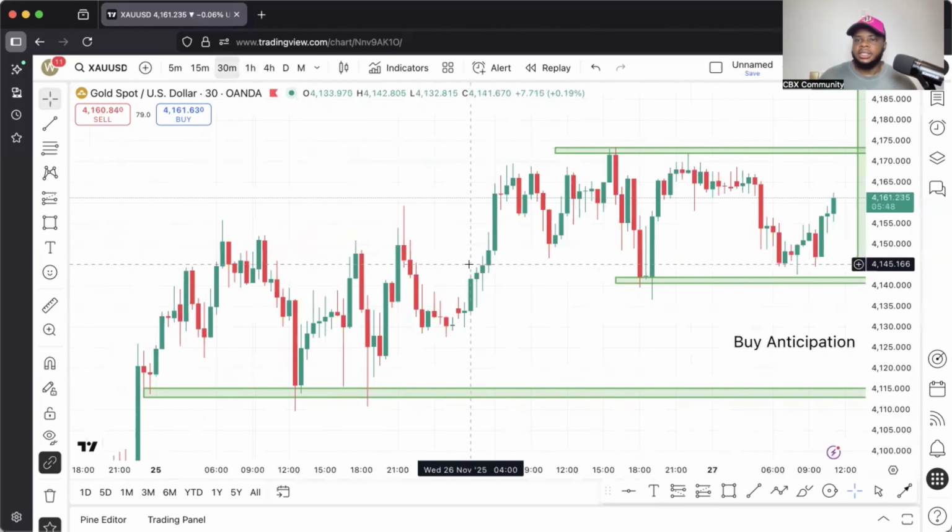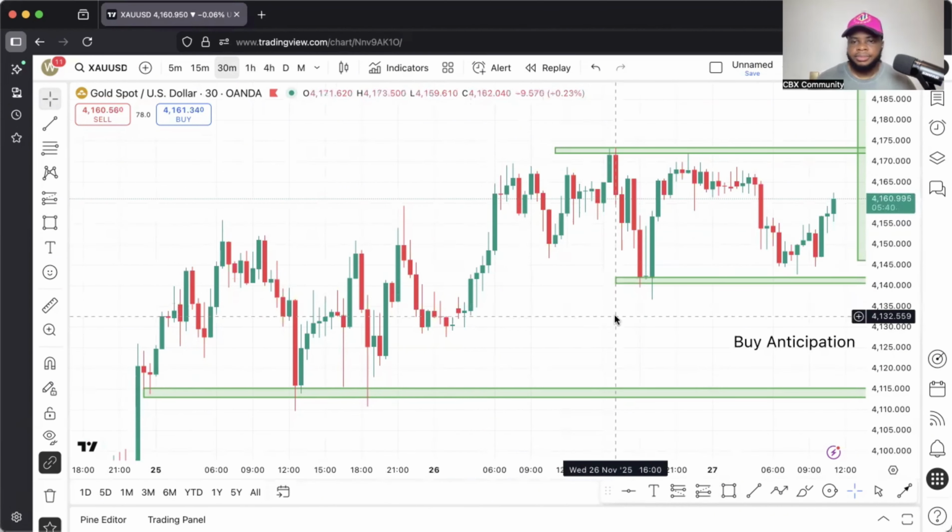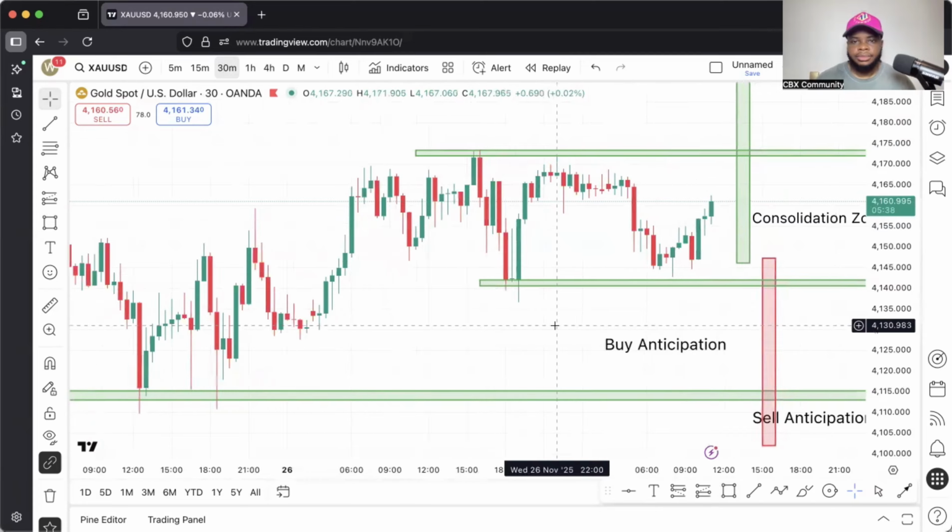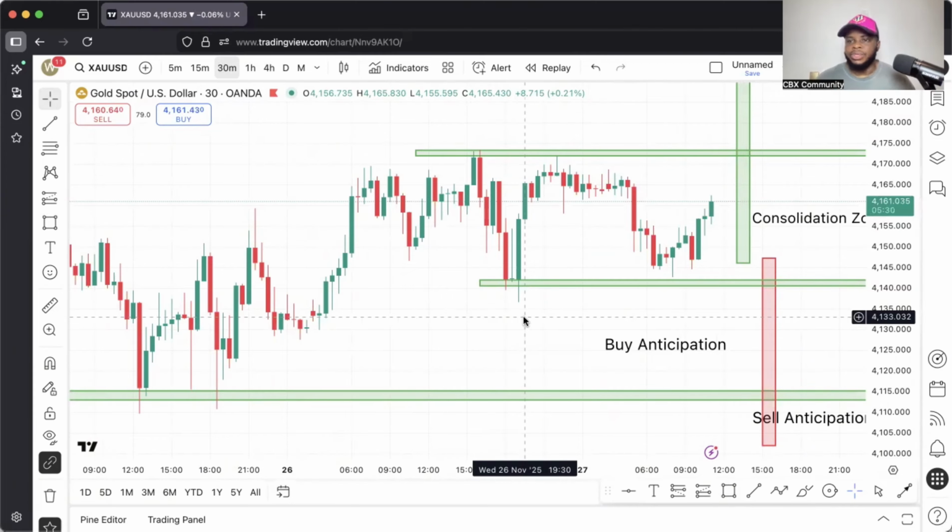Like you guys know me, I love to identify my support zone and my resistance zone using the H1 or 30 minutes. For me, those two time frames are a very strong confirmation, and you would definitely know that both of them have this relationship together.